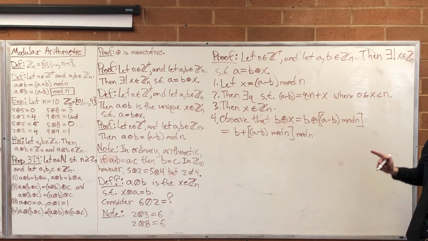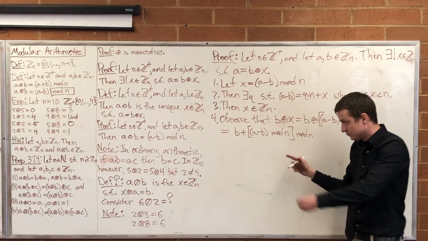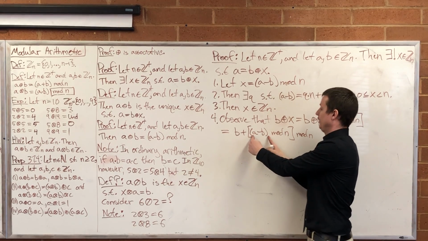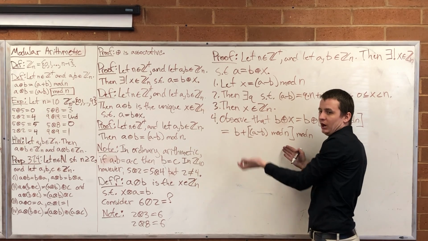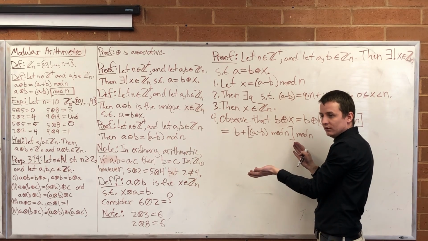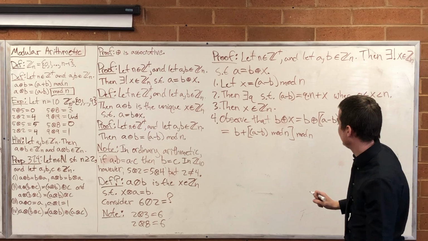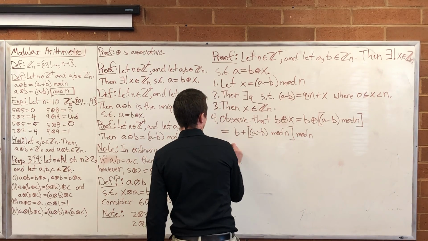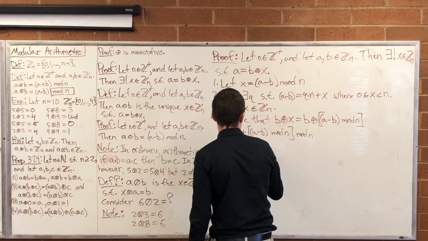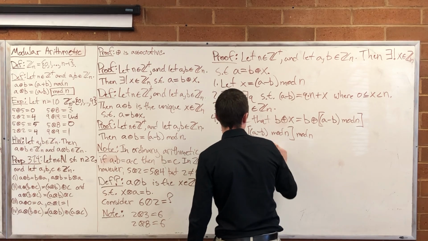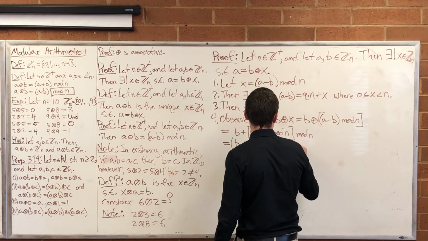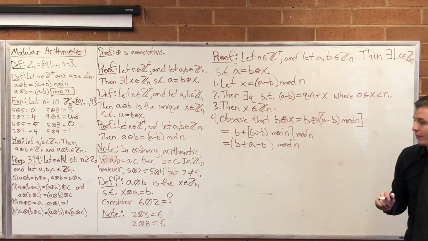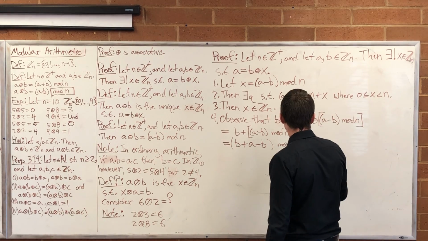And now, it does not matter if we mod this by n here, or we wait to do all our arithmetic in mod n. It's all the same. So this is going to be the exact same thing as b plus a minus b mod n, which is equal to a mod n.